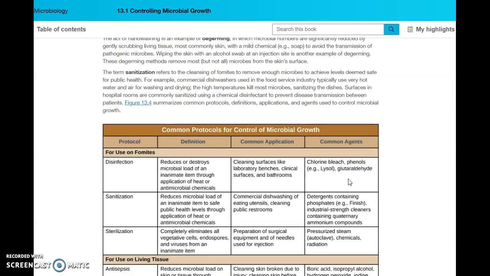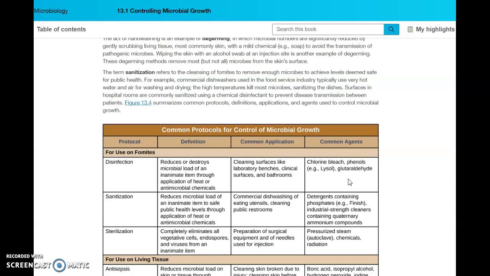And then our other term here is sanitization. Sanitization is looking at public health levels. This is cleaning fomites to remove enough microbes to get to a level that is safe for public health. So things like commercial dishwashers.